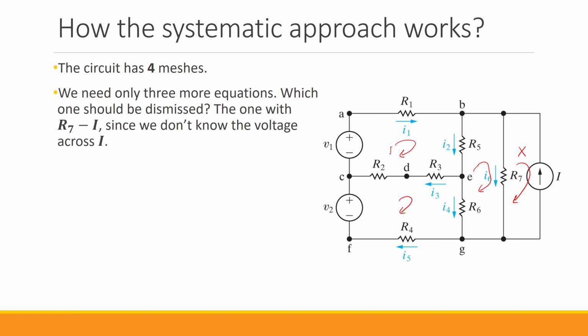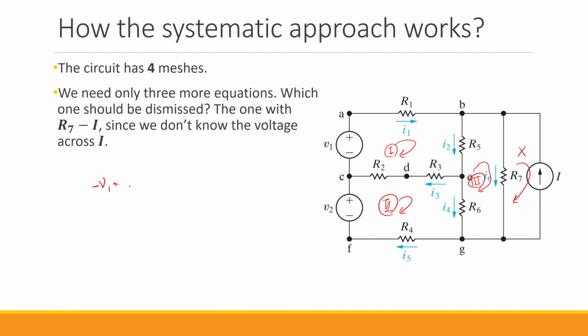So let's call this mesh 1, this one mesh 2, and this one mesh 3. For mesh 1, if I start from node C, I have negative V1 because I'm entering this voltage source from the negative side.